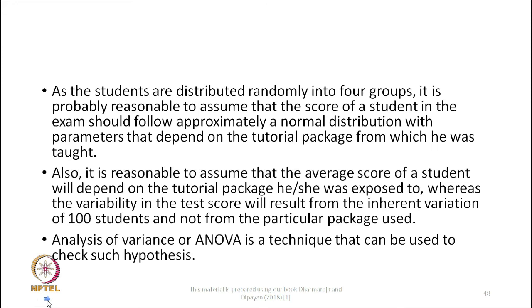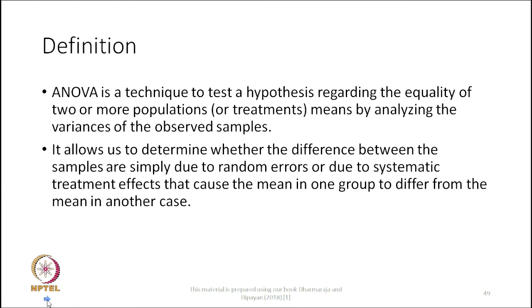Analysis of variance, in short form ANOVA, taking a few letters from analysis of variance, is a technique that can be used to check such hypotheses. How are we going to do that?